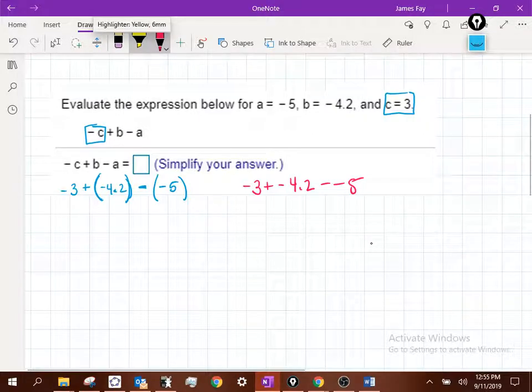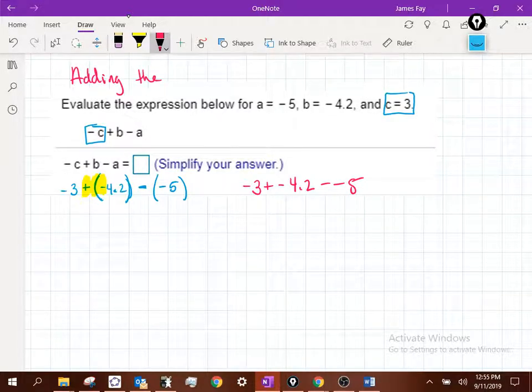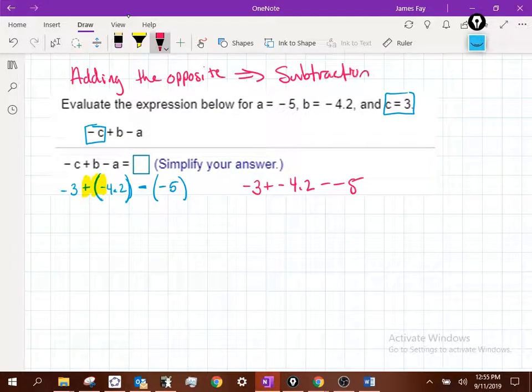Another reason for that is because now, if I'm adding the opposite of something, so I highlight those two symbols, what did we say adding the opposite was equivalent to yesterday? Subtraction, good. Adding the opposite turns into just subtraction. So when I see a plus followed by a minus, you're adding the opposite of something, so might as well just turn it into that definition of subtraction.